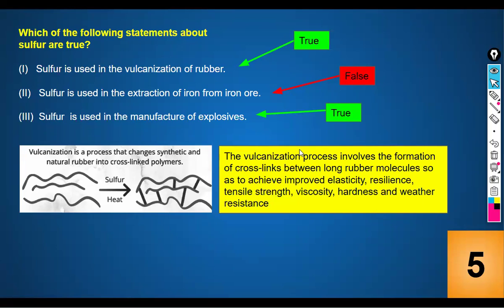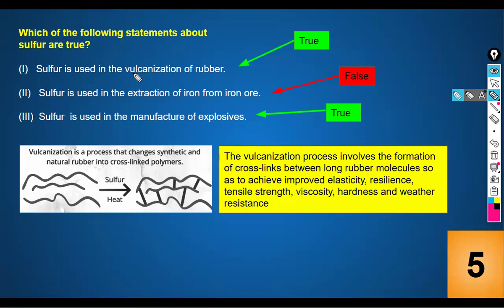So which of these statements about sulfur are true? Here are 2 true things and 1 false thing, because they could ask you to list 2 true things or ask you which one is false.